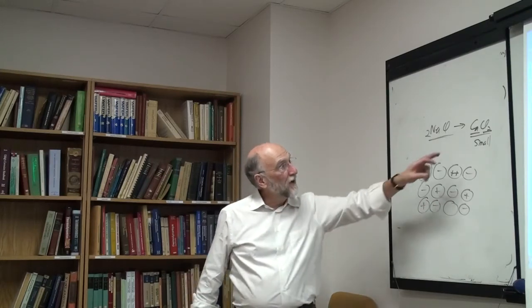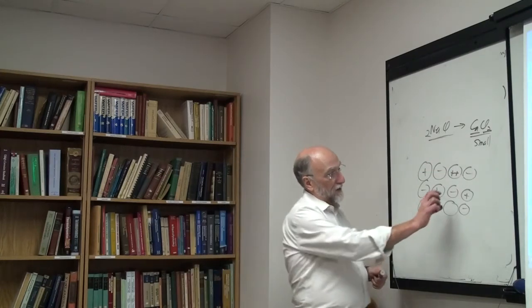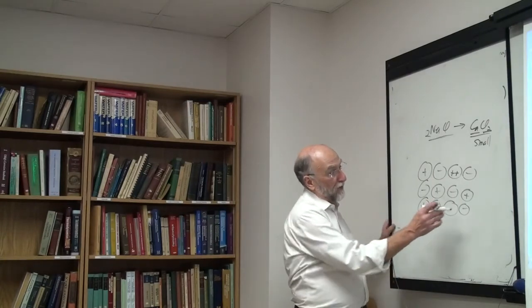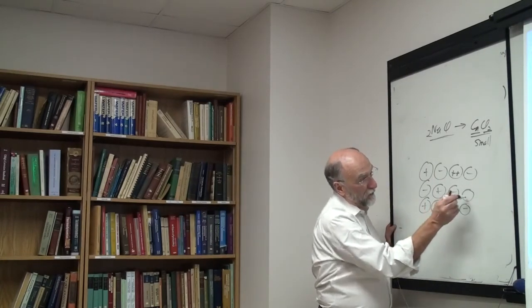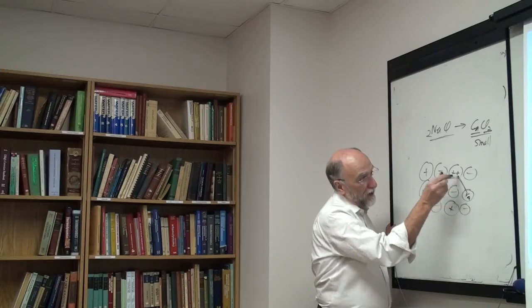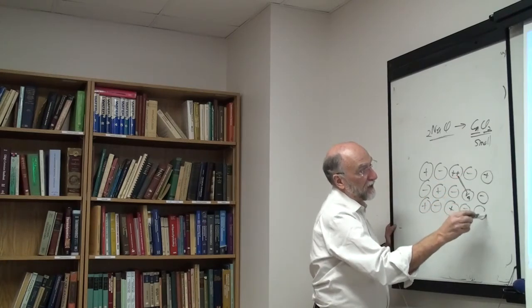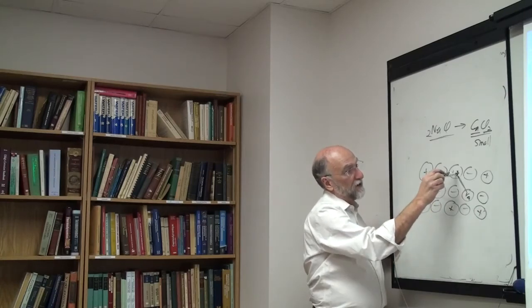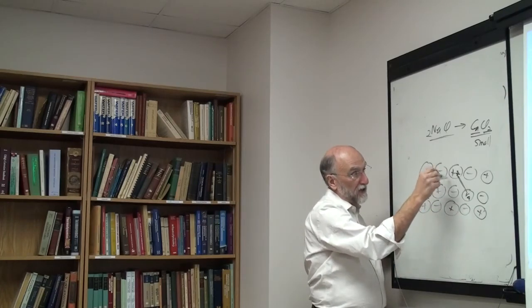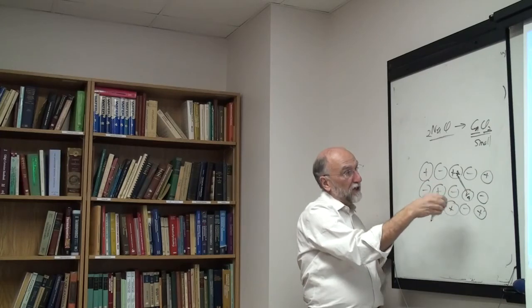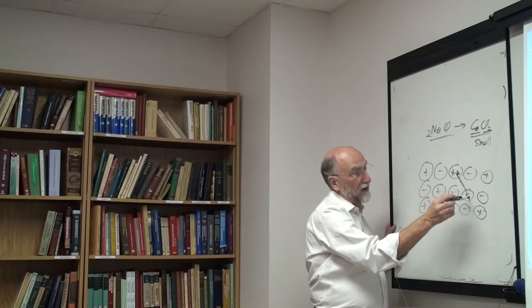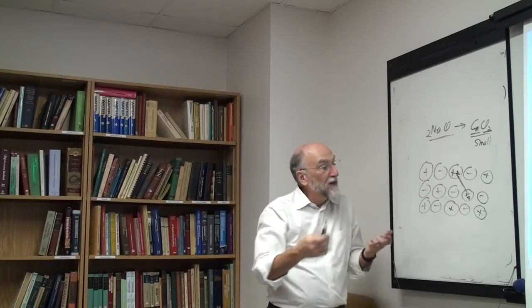Now, if you add enough calcium, there will start to be pairs formed. The tendency will be for the vacancy to go next to the calcium ion. Remember, the calcium ion here now is a doubly charged site. The vacancy has no charge on it, but it's surrounded by negative ions, so it effectively has a negative charge.